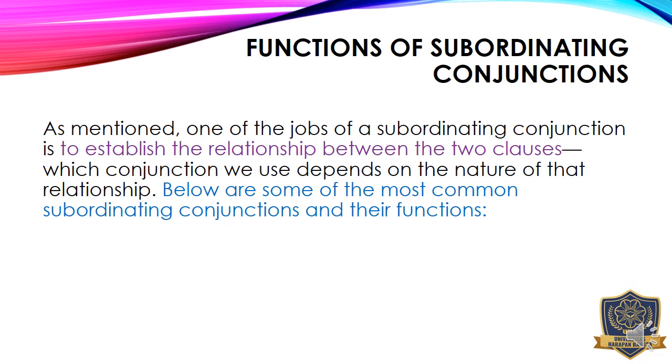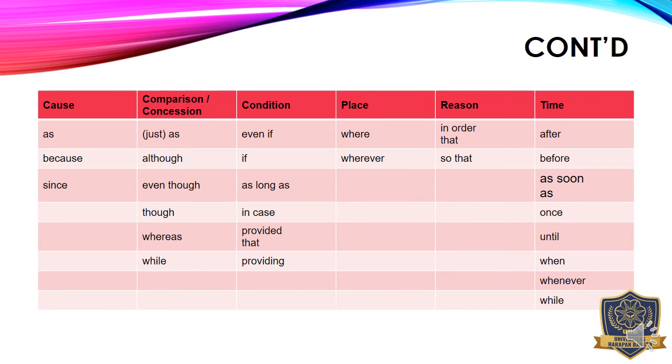Below are some of the most common subordinating conjunctions and their functions. Now I want you to repeat after me. I will read the examples of subordinating conjunctions, because in this slide you see some words used to have a subordinating conjunction in a sentence.